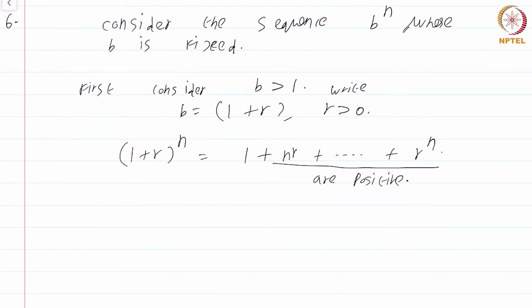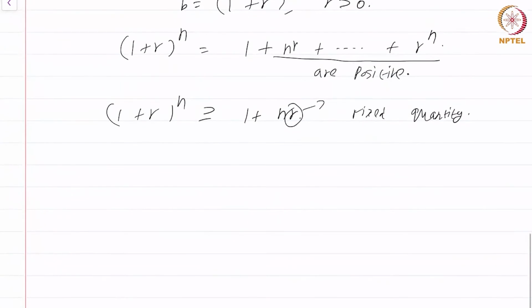So in any case, 1 plus r power n is greater than or equal to 1 plus nr. I'm just ignoring all the other positive terms. But now r is a fixed quantity. That means when I multiply n with r, nr diverges to plus infinity.